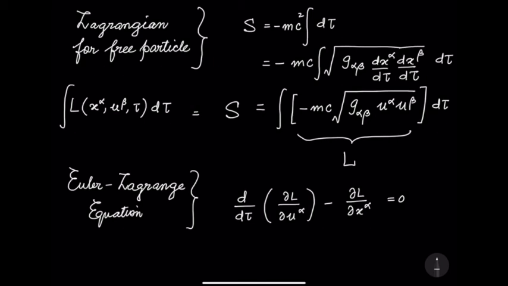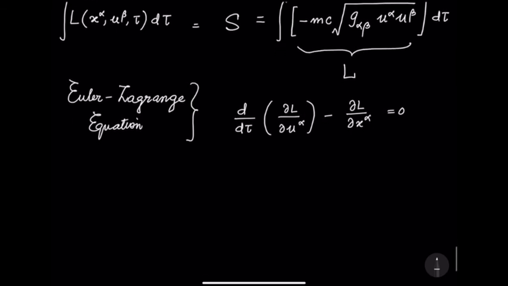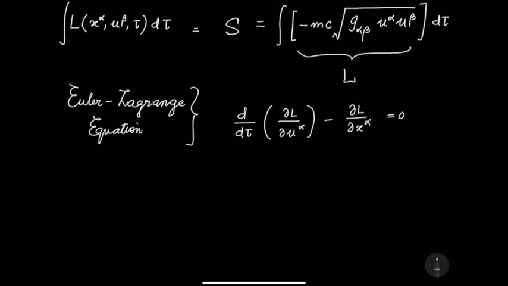Now you see that in this case the Lagrangian is not a function of x alpha, which is better not be. Otherwise, if it is a function of x alpha, then where you do the experiment will determine the property of the free particle, which is not supposed to be. So the second term del L by del x alpha is anyway 0.